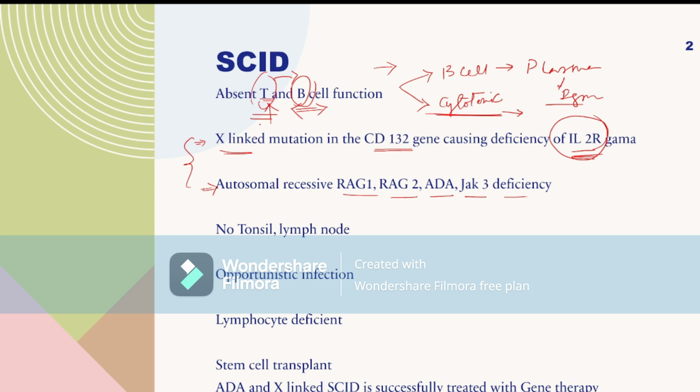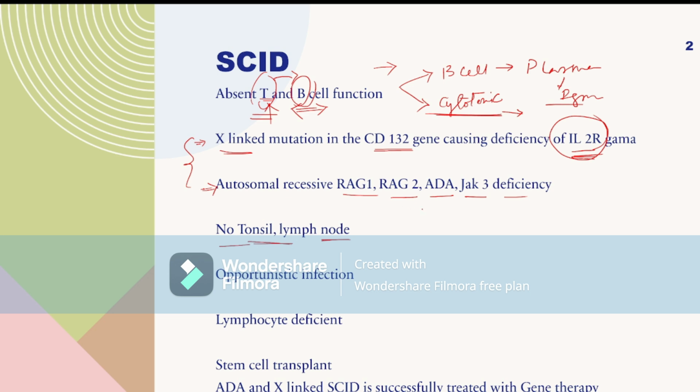In SCID, as I said, the T cell is not working properly and the function of the T cell is decreased. So there is no tonsil and no lymph node palpable or seen. So there is decreased T cell and no tonsil and no lymph node is seen. How do you differentiate SCID from X-linked agammaglobulinemia?